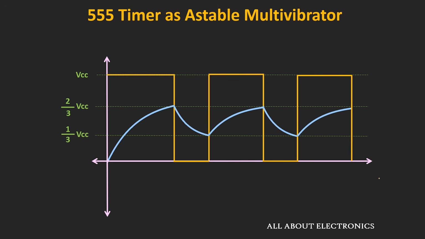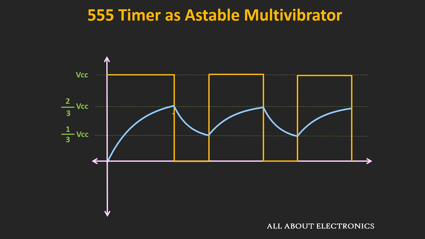So here this blue graph represents the charging and discharging of the capacitor, while the yellow graph represents the output of the 555 timer. Initially, whenever the circuit is just turned on, the output of the 555 timer will be high and the capacitor will start charging towards the VCC voltage.